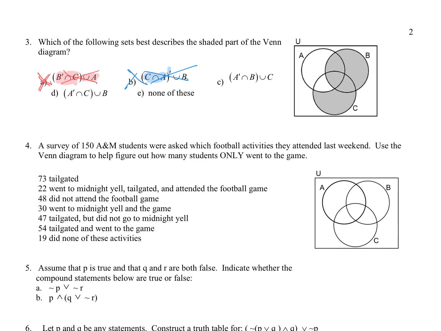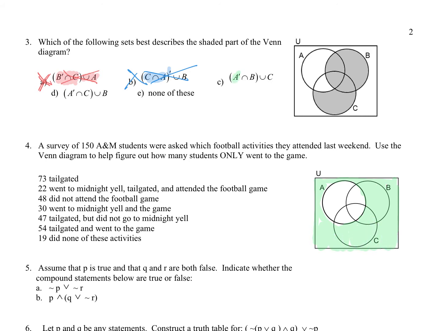Now let's look at part C. So option C. In the parentheses, we have the complement of A intersect B. So the complement of A is everything outside of A. So I'm just going to start by doing that. Complement of A. Okay, that's that.